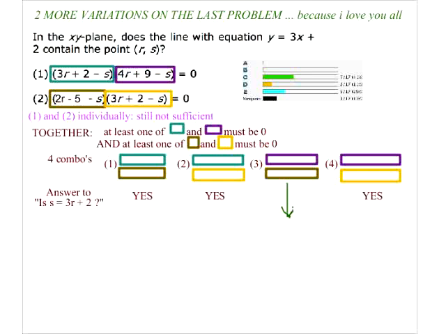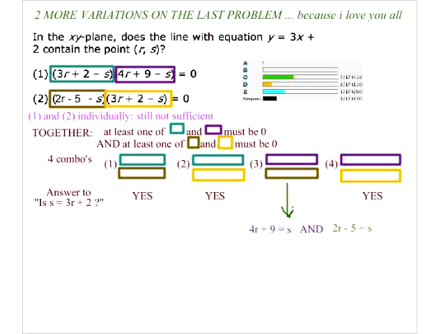This means that 4R plus 9 is S. And it means that 2R minus 5 is S. That's a system that we can solve, and we actually have to solve that because we don't know how this is going to work out.